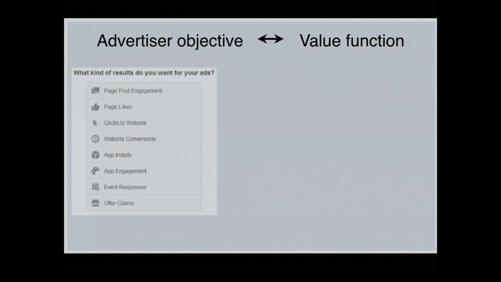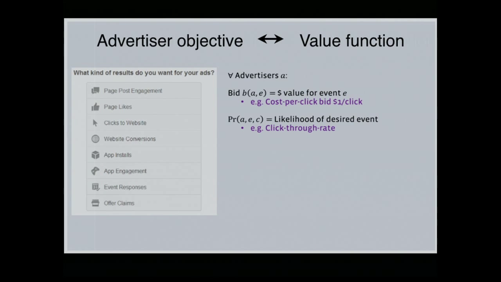Okay, so we've said that advertisers can express values for these different objectives. Some advertiser might care about page clicks. Someone else might care about conversions to their website. So the first thing that we do is just convert all of these values for these different events into some common unit, essentially.